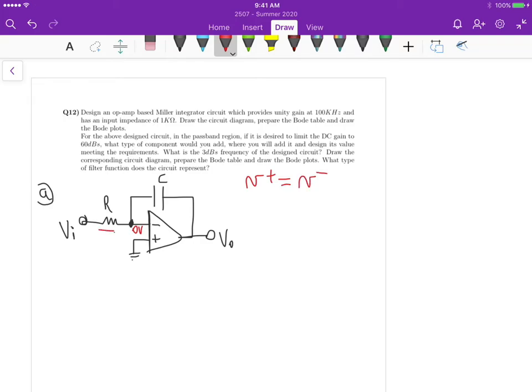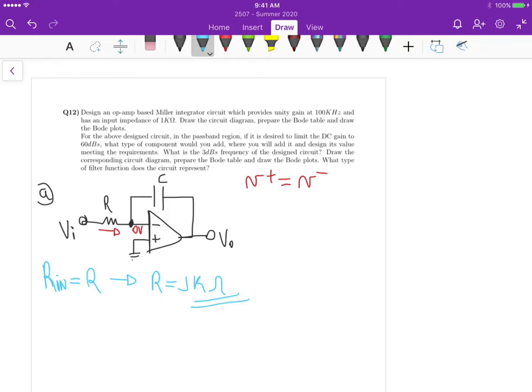So the current goes directly to 0 volts, and the input impedance is exactly the R connected to the input. So Rin equals R, and because we want an input impedance of 1K, R equals 1K. Okay, so that's the first answer.